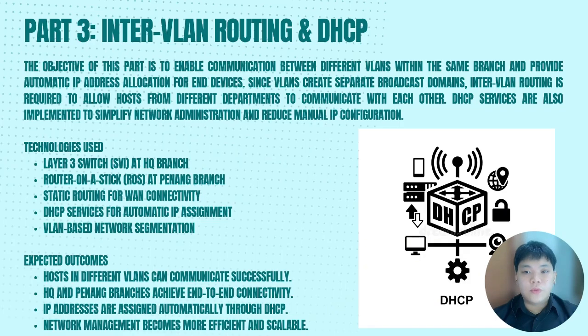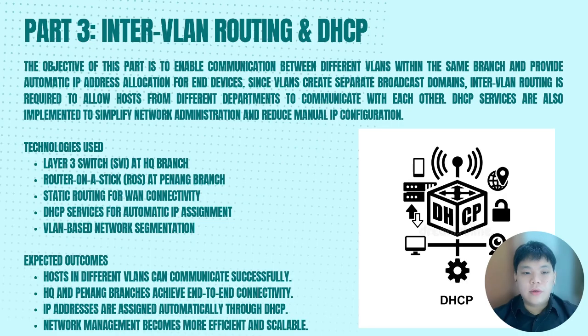Hi, my name is Wong Chong. Today I want to present my part of the project: inter-VLAN routing and DHCP. For the implementation of inter-VLAN routing in both branches, at the HQ branch, the Cisco 3560 Layer 3 switch performs routing using switch virtual interfaces, with each VLAN assigned a gateway address.